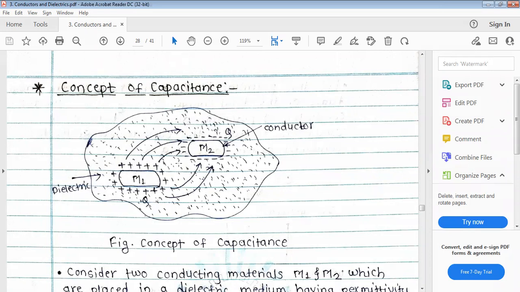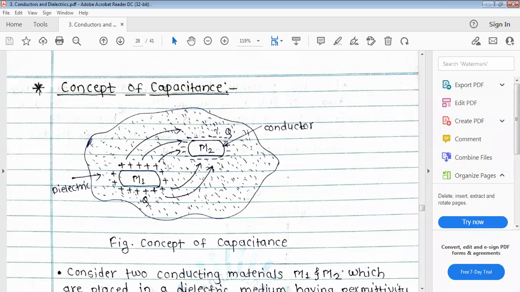Consider two conductors M1 and M2. This conductor M1 is positively charged, and the total charge on this M1 is plus Q, and the conductor M2 is negatively charged. The total charge on this M2 conductor is also Q.